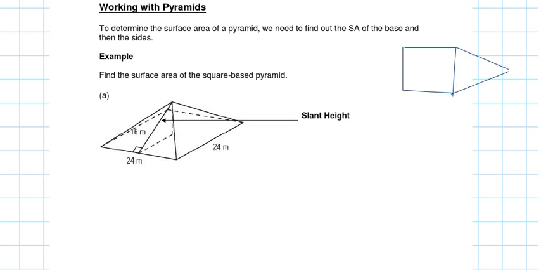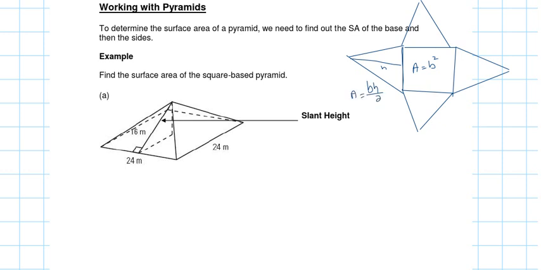We have these, right? The area of this is side squared, base squared, or whatever you want to call it, right? The area of this is base times height divided by 2.